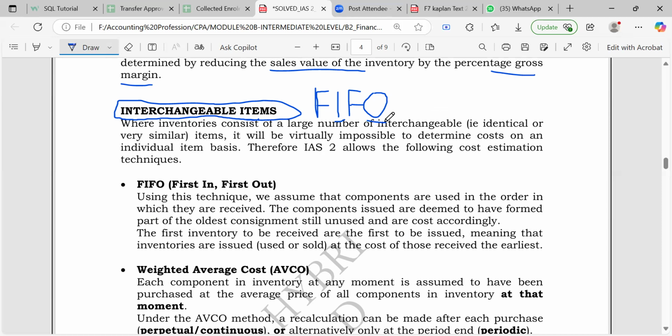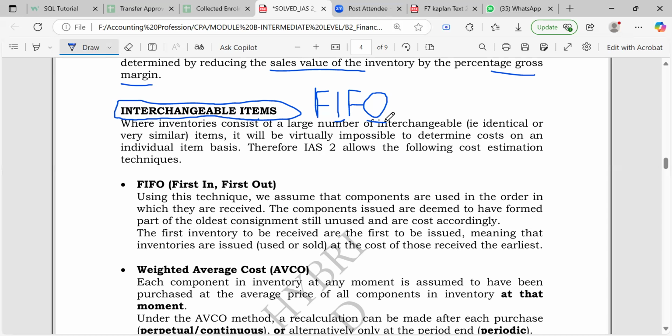Because process costing takes some time. So which should be completed first ahead of others, right? So when we speak the word FIFO, we mean the first to be processed is the first to be completed. But here on this FIFO, we're dealing just with inventory to sell. So the first to be bought is the first to be sold.